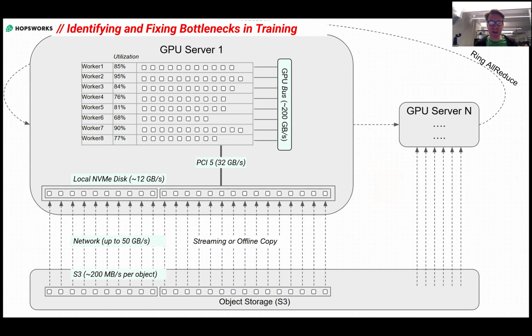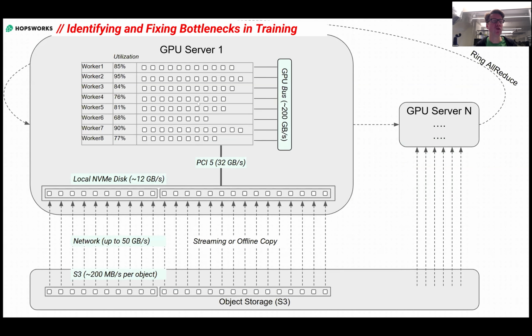When you're training or fine-tuning these models, you really need to understand GPUs, and you want to maximize the utilization. So when you're training, you want to make sure that utilization is as high as possible. And there are a lot of layers where utilization can drop. It could be the interconnect between the GPUs, which, if you're running on a good GPU server, will be up to 200 gigabytes per second.